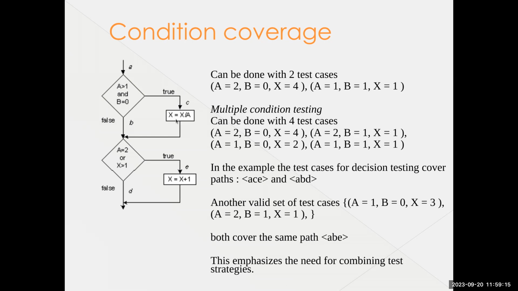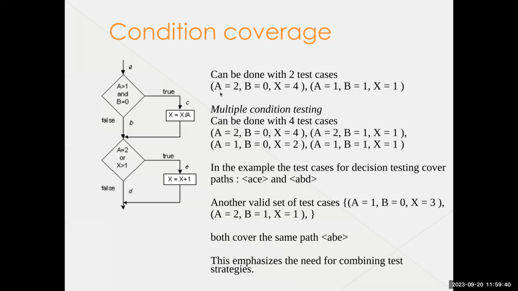And x is equal to x divided by A. What is A? A is greater than 1. Then x is equal to x. Here x is 4.